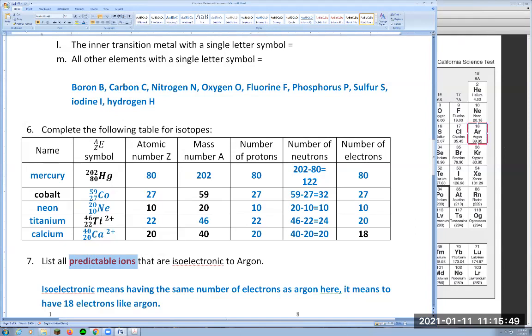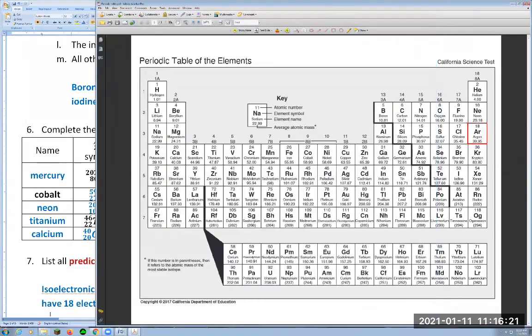So we need to find all the predictable ions. What does predictable mean here? Predictable means ions that you can predict from their position in the periodic table. So let's look at the periodic table. From the position in the periodic table, you can predict what the alkali metals will do when they become ions.